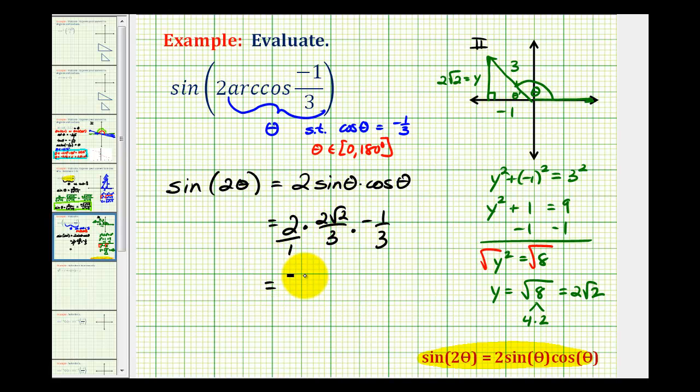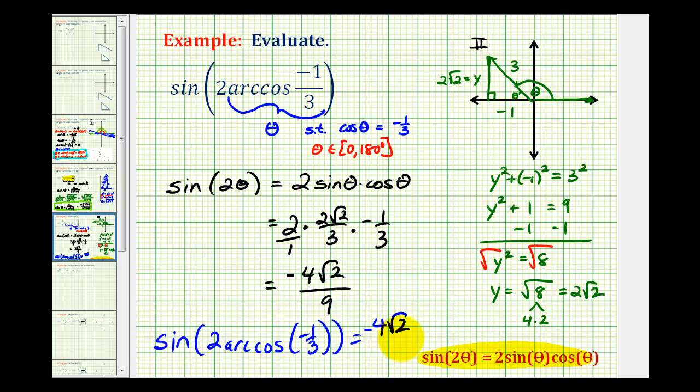So we'll have -4 square root 2 all over 9, which means the sine of 2 times arc cosine of -1/3 is equal to -4 square root 2 all over 9.